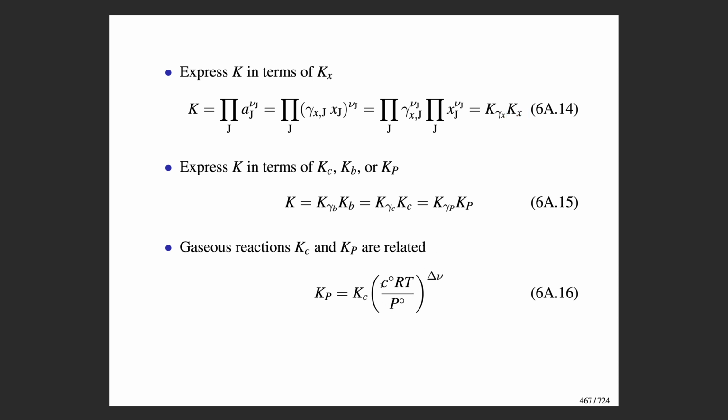In any case, these are just constants. This is 1 molar, this is 1 bar. You've got the gas constant here, the temperature, so this is just going to be a constant for a fixed temperature. This delta nu, this is the change in the number of moles within your reaction.